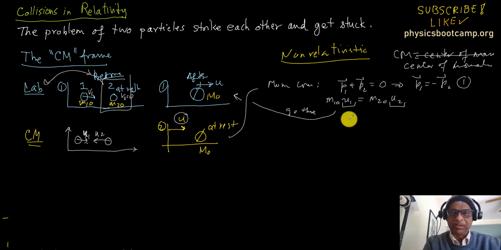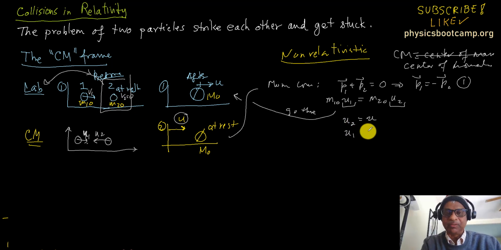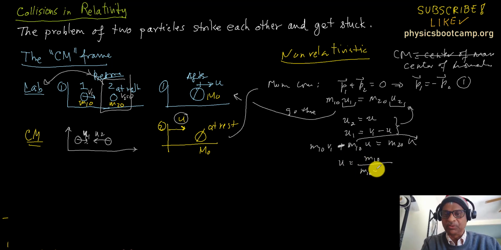You can see that U2 equals U, and U1 is equal to V1 minus U. Plugging in, M10 V1 minus M10 U equals M20 U, and transferring to the other side, U equals M10 over M10 plus M20 times V1.